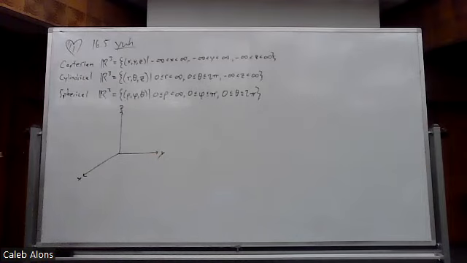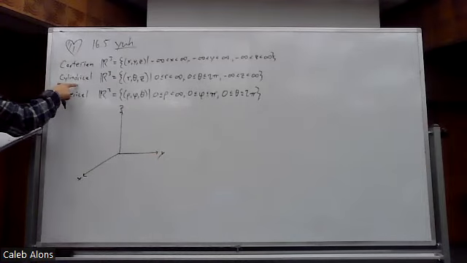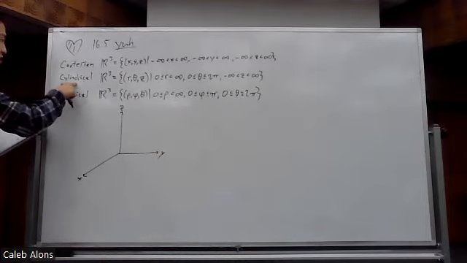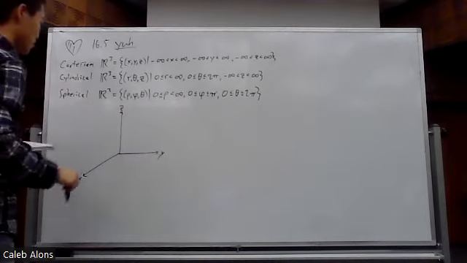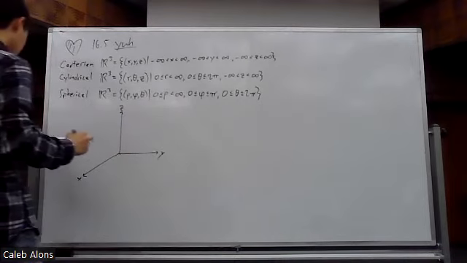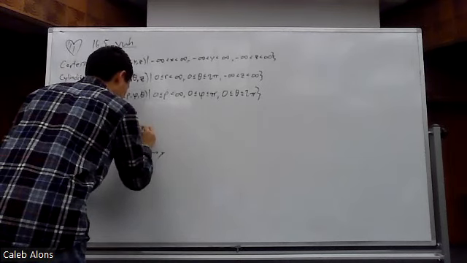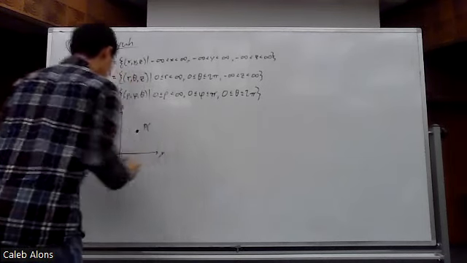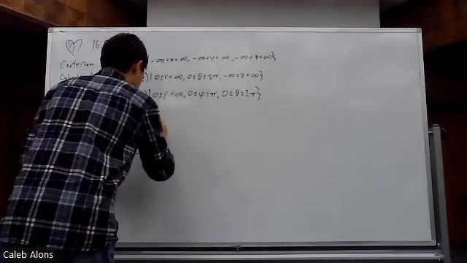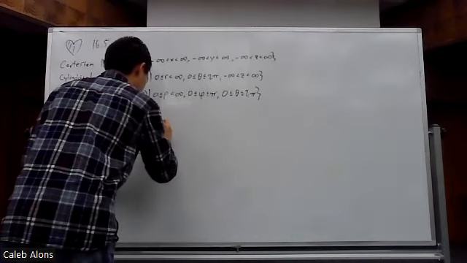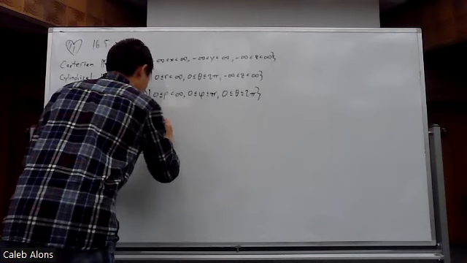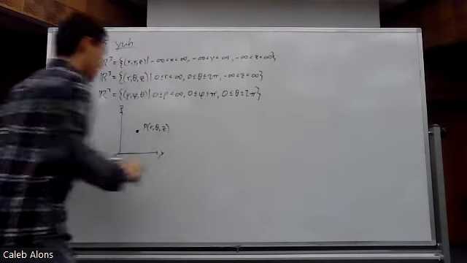How do we identify the address, basically, using cylindrical coordinates? If I choose some point right here, this is a point that has some r value, some theta value, and a z value.